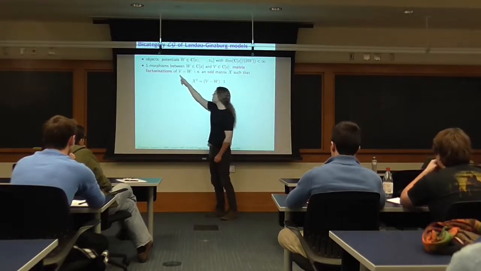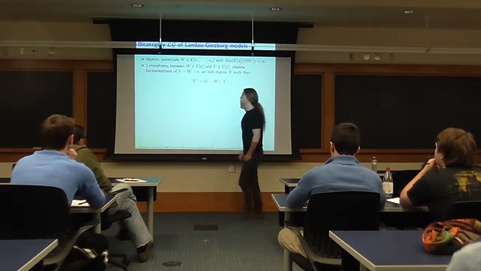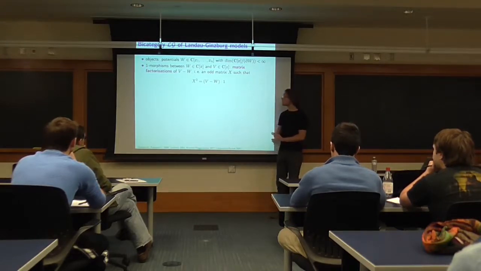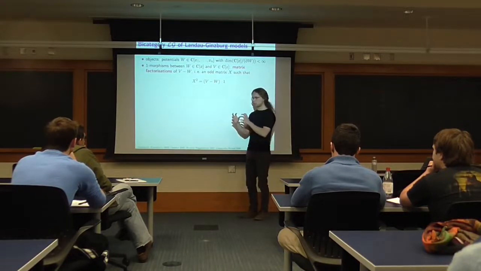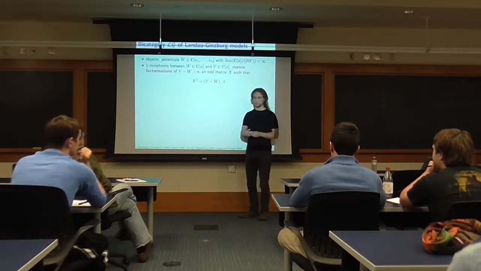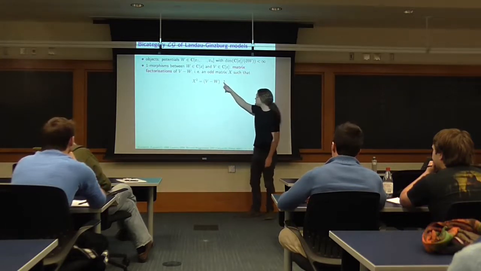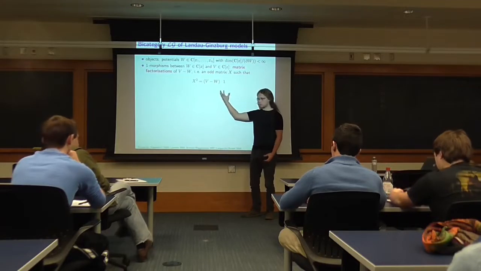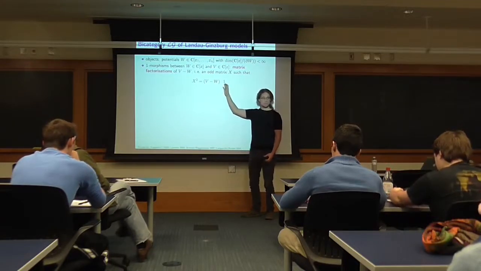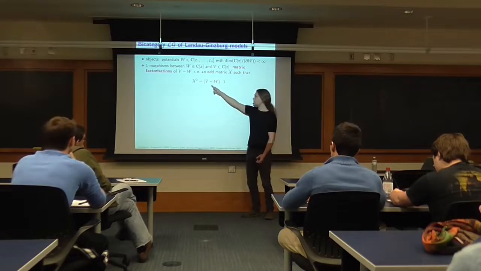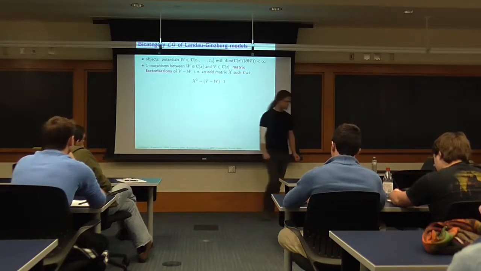So from W to V, it will be a matrix factorization of V minus W. And for the purposes of this talk, a matrix factorization simply is an odd matrix, capital X, which has entries that are polynomials in the x and the z variables, such that if you square the matrix X, then you get not any other matrix, but one that is the identity matrix multiplied with only one polynomial, namely the thing that it factorizes, V minus W.